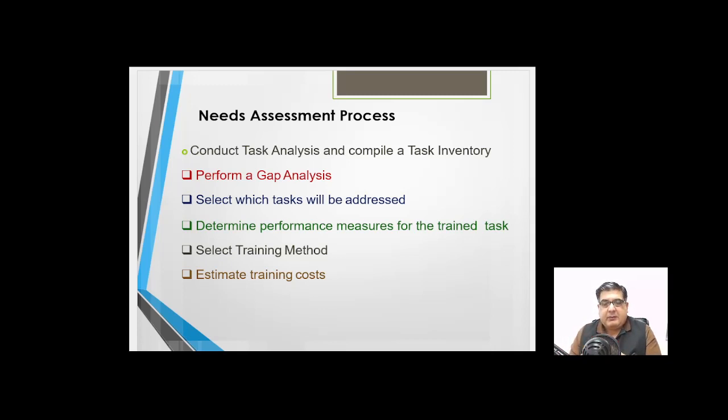Then you will determine performance measures for the trained tasks. Once the people come back after training and you are putting them back in their job role, there should be some measures available to judge them. You can't really be a monitor to them, breathing down their necks all day just to find out how good they are doing their job.